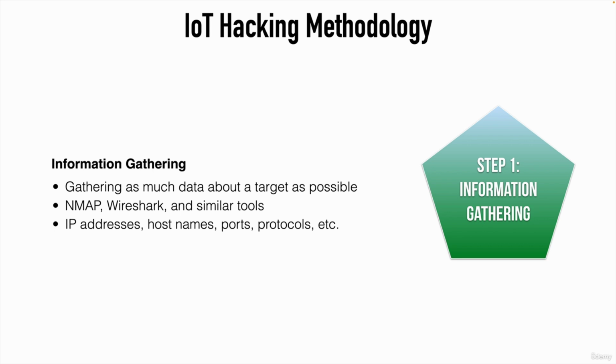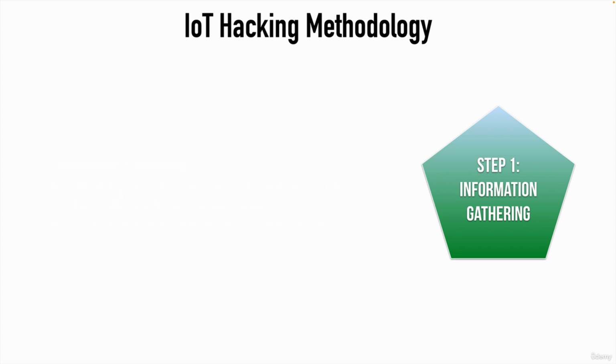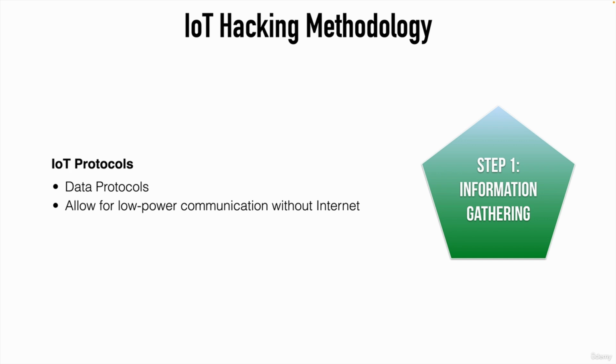In regard to the protocols themselves, there are a few that you want to be aware of that specifically relate to IoT devices. So let's talk about those. We have two broad categories that we can separate these into, which are data protocols and network protocols. First, data protocols are used in low power devices where those devices communicate with hardware on the user side without using an internet connection.